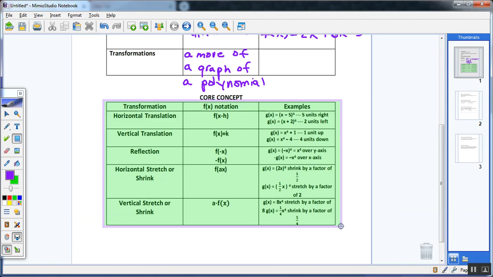Okay? Up here they give you the notations, and I have to be very honest with you, the notations, this is really important. If you understand what the notation looks like, you're basically just plugging stuff in for x as it shows up here notation-wise, okay? Horizontal translations, when you have f of x minus what, kids?